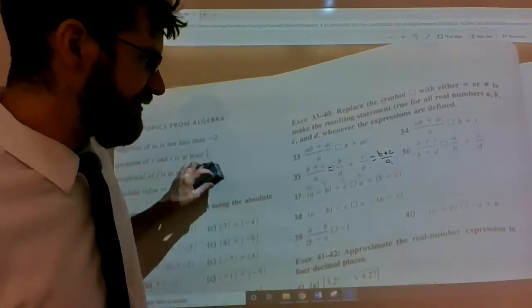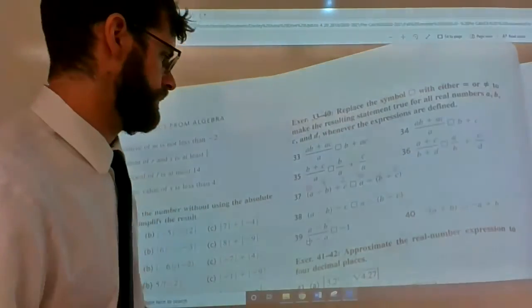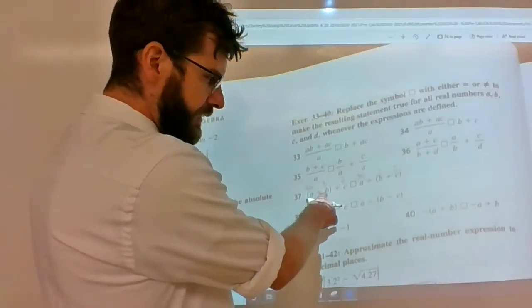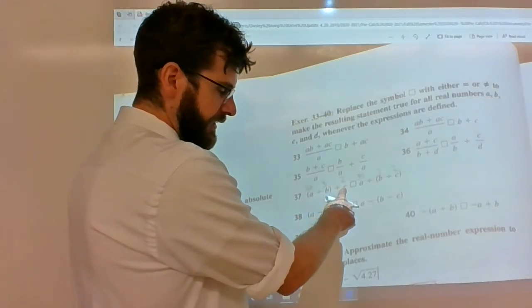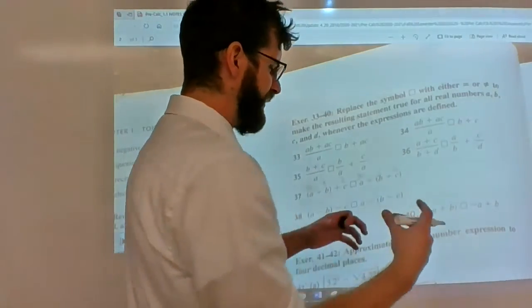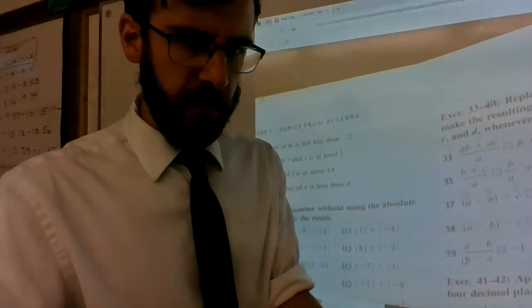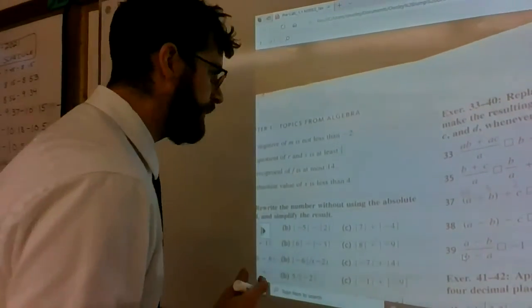All right, for 37, they're asking if A divided by B divided by C is the same as A divided by, and then they put B divided by C in parentheses. I'm going to come over here and expand that out a little bit.